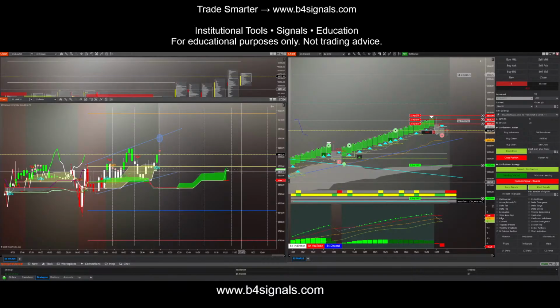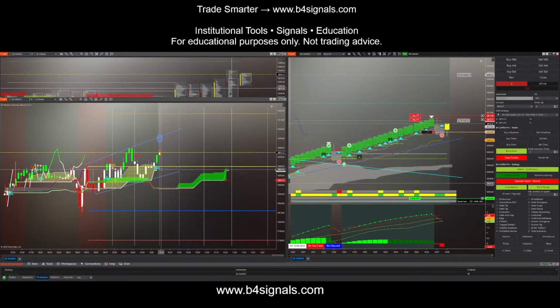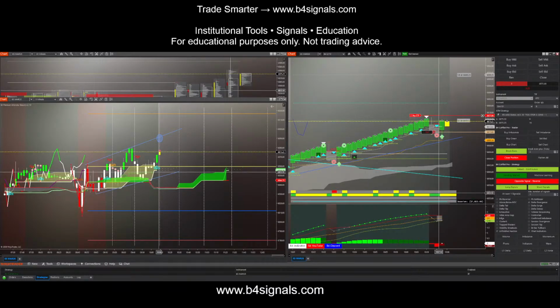Opportunity for the cloud to start drifting sideways, unless it changes. We'll probably get into a little bit of chop here. Stop filled.